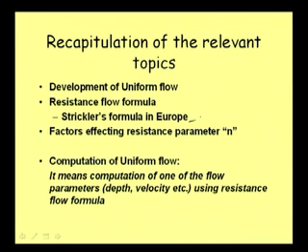In Europe, a similar formula, that is V is equal to, all these formulas try to find an expression for velocity in terms of other parameters. Here, velocity is equal to Ks, another coefficient, times R to the power 2 by 3 and Sf to the power half.